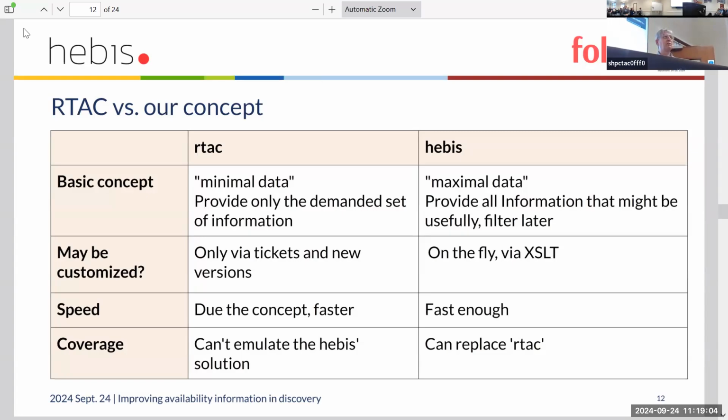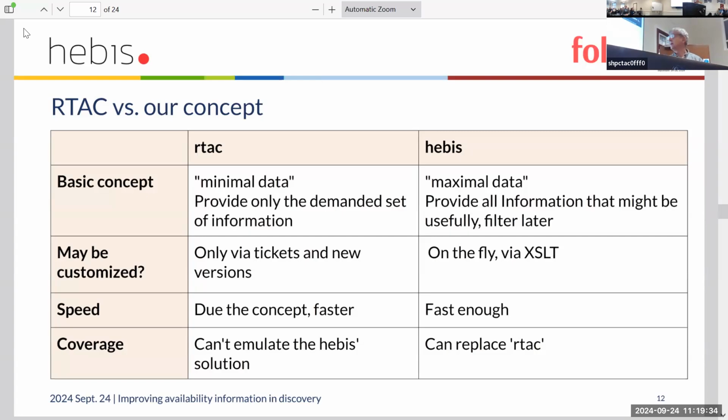If you don't want to become trouble when the FOLIO system has a new release, the correct way is to write a ticket and then get supporters so that this ticket will be noted as important, and then it will become part of RTAC version number 17 or something like this.